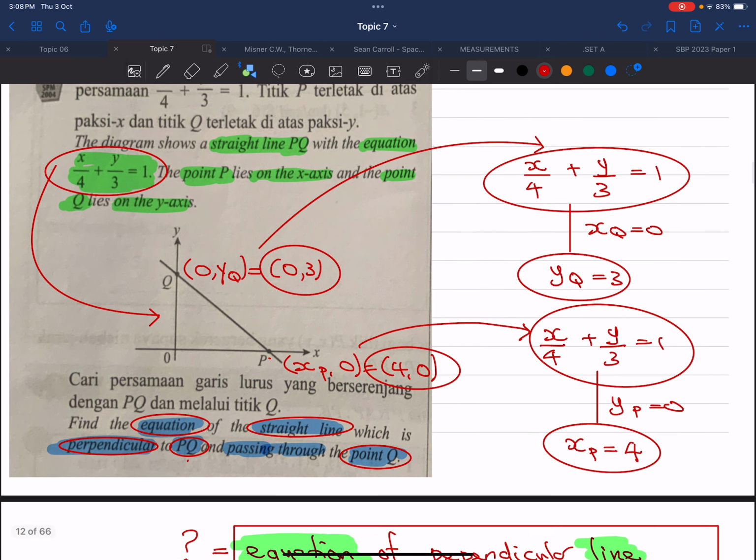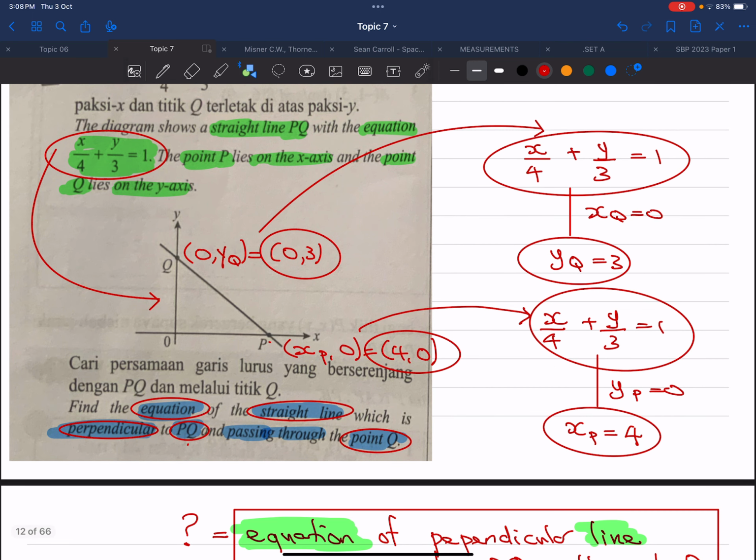Now we look at what the question is asking. Find the equation of a straight line which is perpendicular to PQ and passing through point Q. It must pass through point Q, and this is very important, it must be perpendicular.